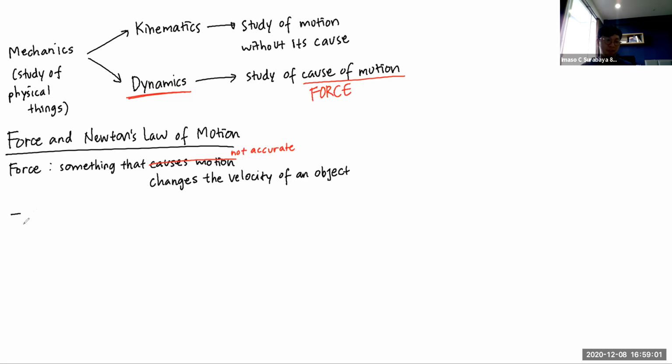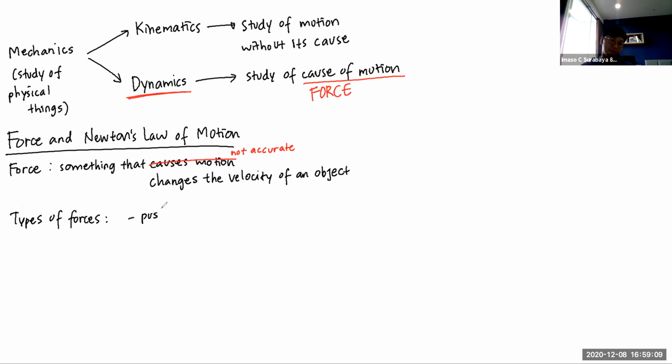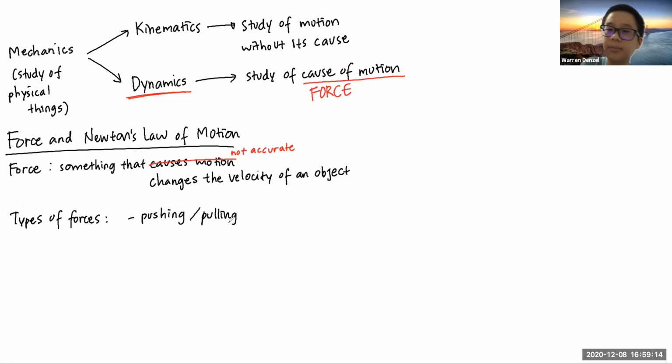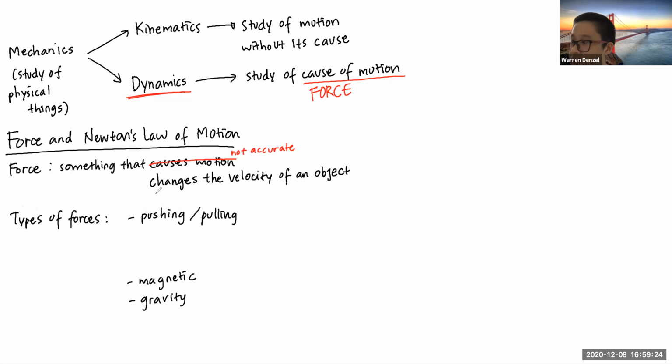What are the types of forces that you know? Pushes and pulls. Pushing and pulling. And then there's also magnetism and gravity. What else? Friction.